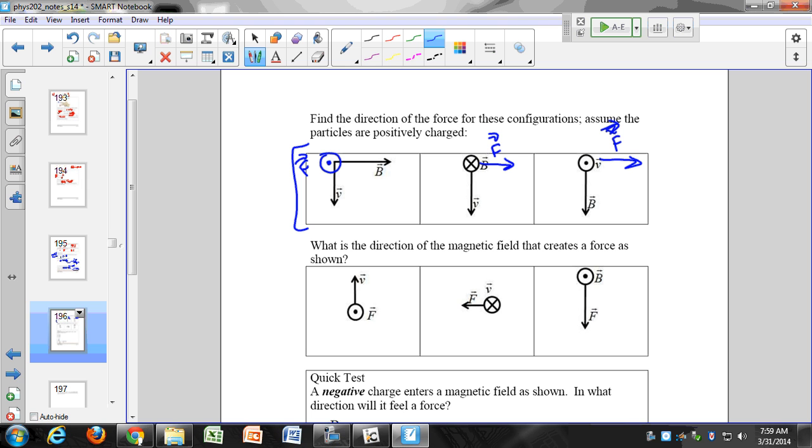And so what's going to be the direction of the magnetic field that causes this force? So this is our magnetic field here, not our force. Try this next one on your own. Your thumb is the force, V is your index finger, and your magnetic field is your middle finger.